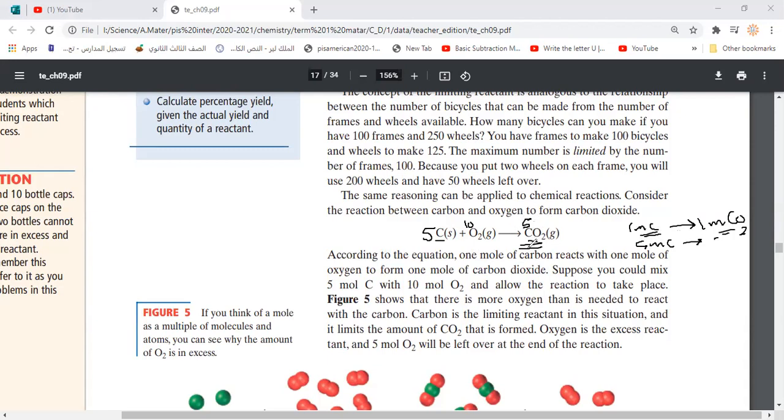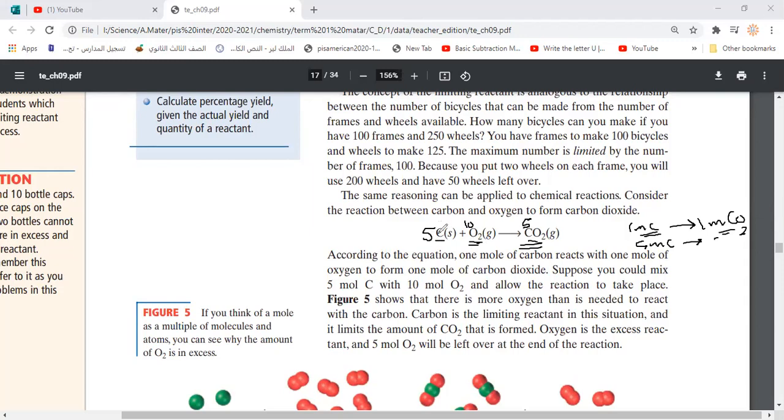So my question: these 5 moles of carbon produce 5 moles of carbon dioxide, but does all the oxygen get involved in the reaction? That means I completely used the oxygen. What do you think? Actually not, because here the 5 moles of carbon is the limiting factor.